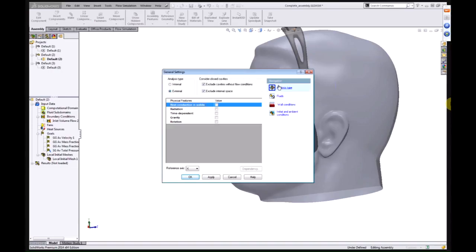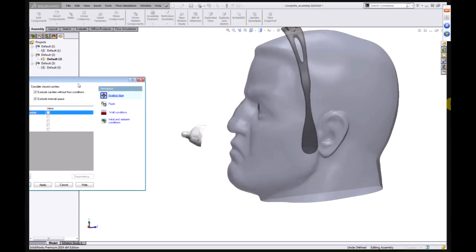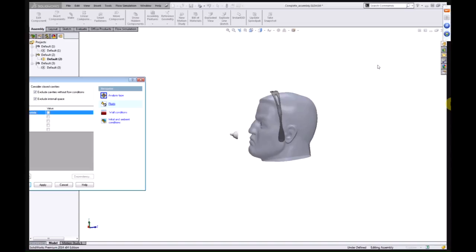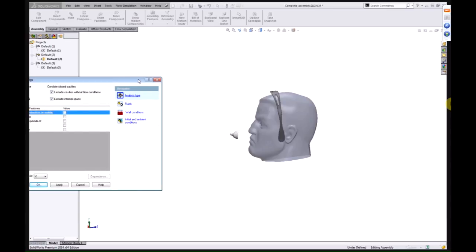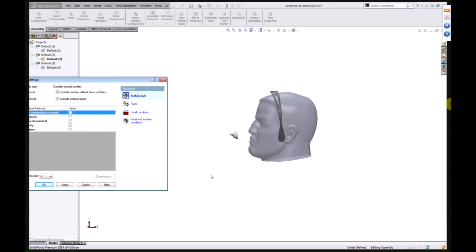We're going to tell the software that we're considering a mixture of air and oxygen. And by default, everything in this box is considered to be 100% air right now.